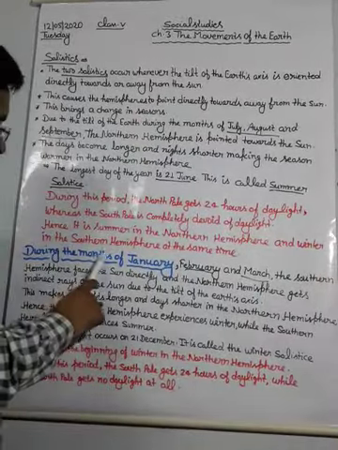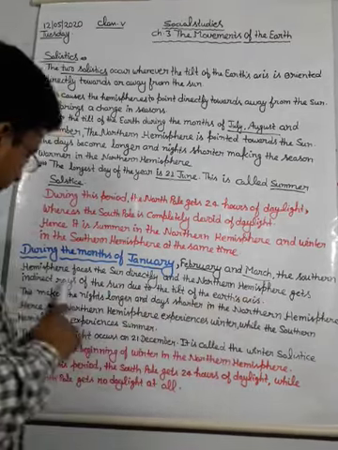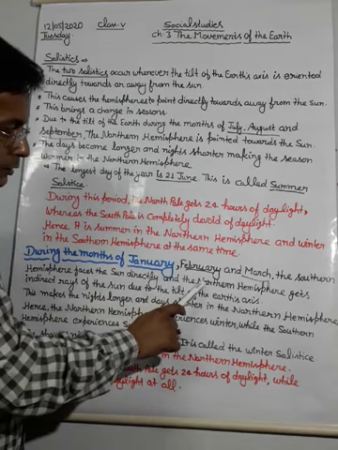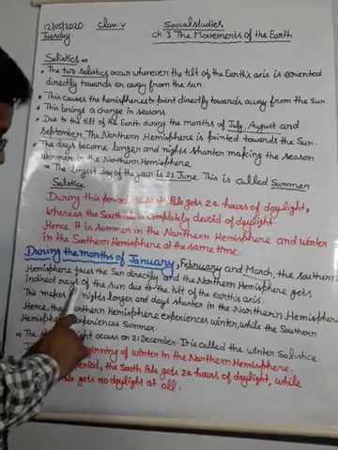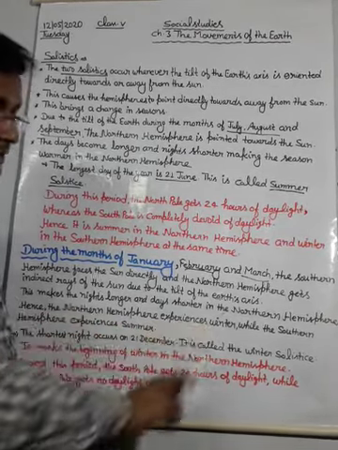So during January, February and March, the southern hemisphere faces the sun directly and the northern hemisphere gets indirect rays of the sun due to the tilt of the earth's axis.